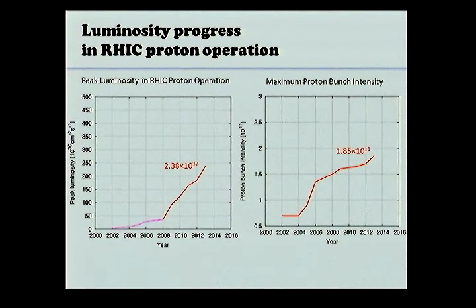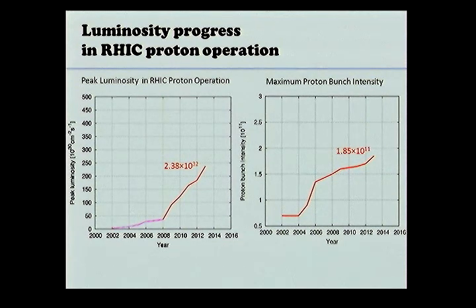In the beginning of the RHIC proton operation, in 2002 to 2004, the maximum proton bunch intensity was about 0.75 × 10^11. In 2013, the maximum proton bunch intensity we collided reached 1.85 × 10^11.